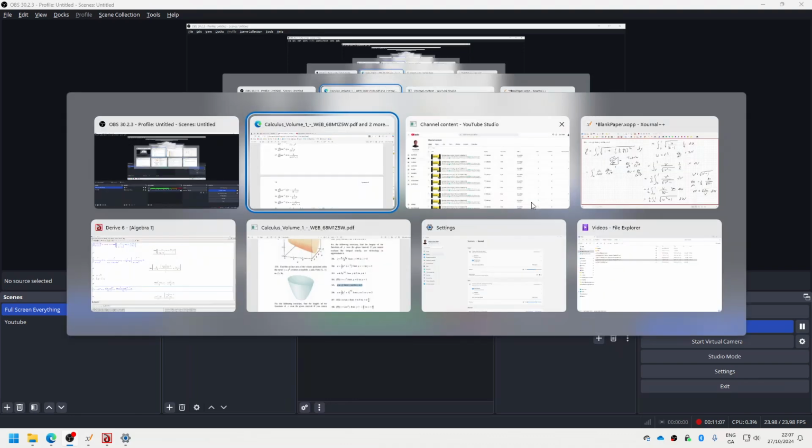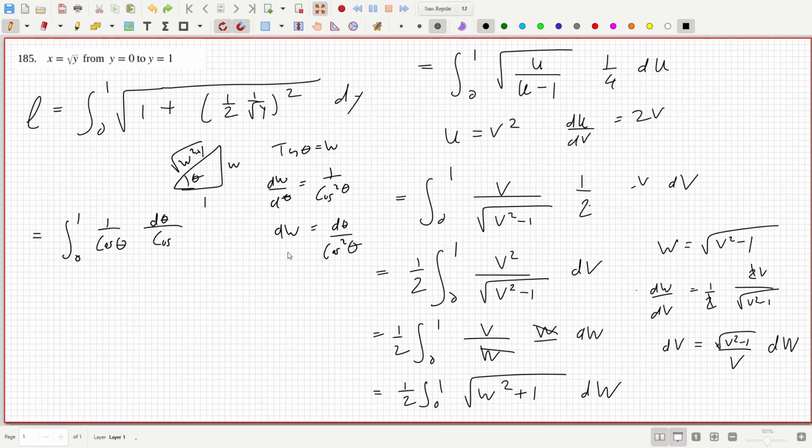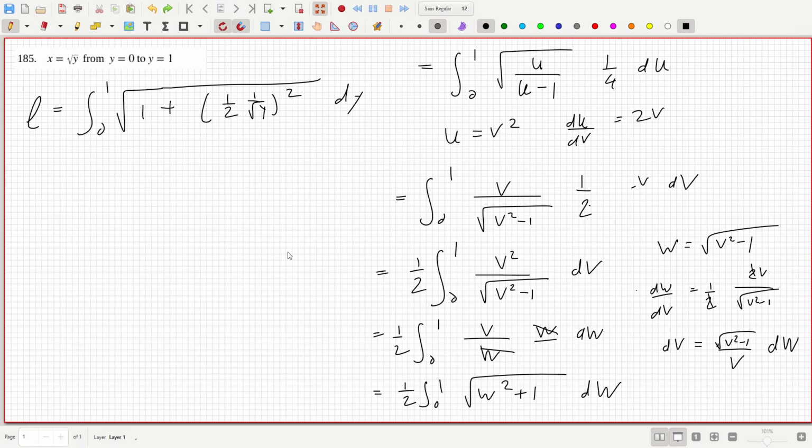Right, so the problem is, at this point, in fact, the substitution we need is not really what I think we've done yet. It's a hyperbolic substitution, where you say, I think, w equals hyperbolic sine, I don't know, theta or something.